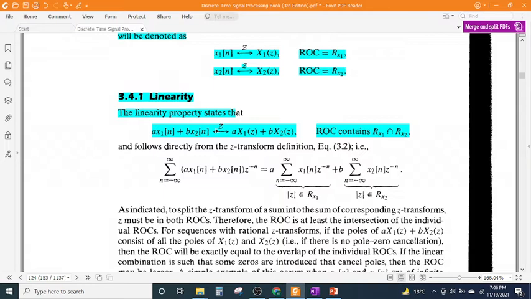To split the Z-transform of a sum into the sum of corresponding transforms, z must be in both ROCs. Therefore, the ROC is at least the intersection of the individual ROCs.